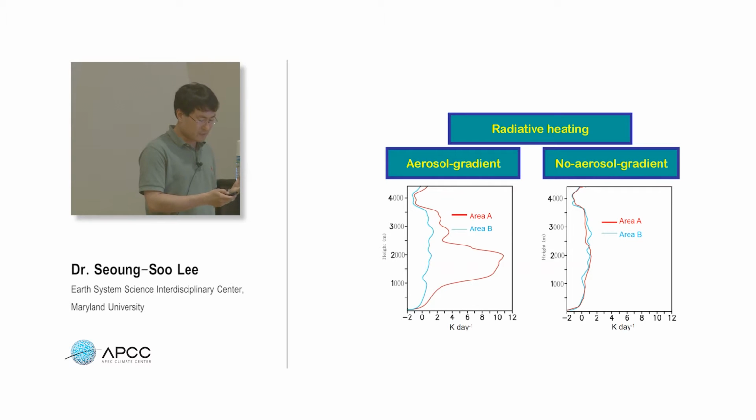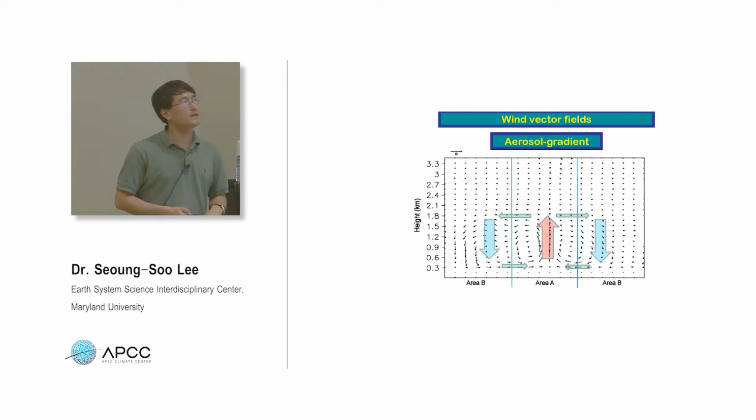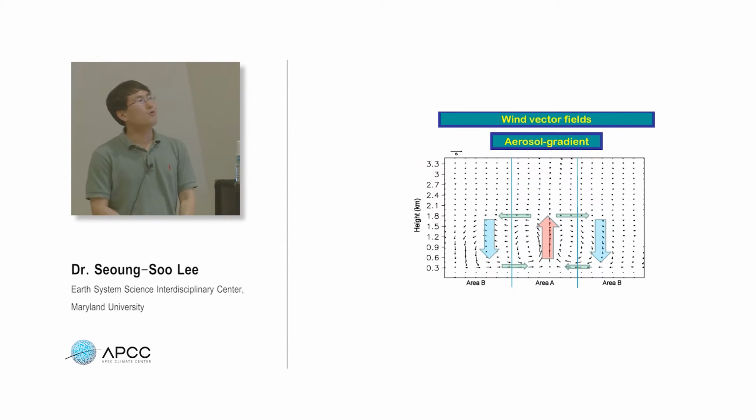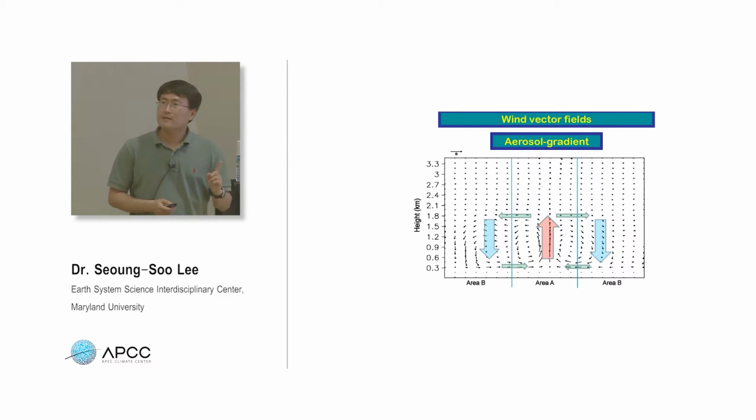That is caused by the circulation pattern developing, as you can see from this wind vector field for aerosol gradient, averaged over the whole simulation period and over the x direction of the domain. You see, there's a larger rate of heating in area A, right? So the buoyancy is higher in area A, so the air in area A tends to rise up.